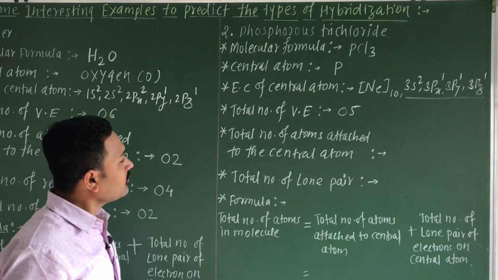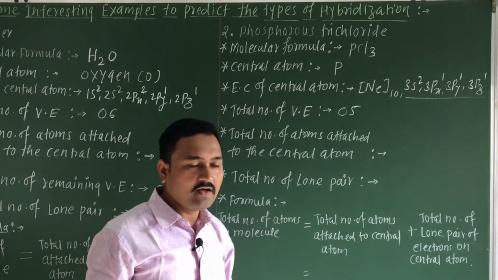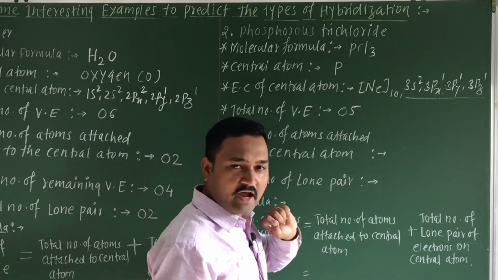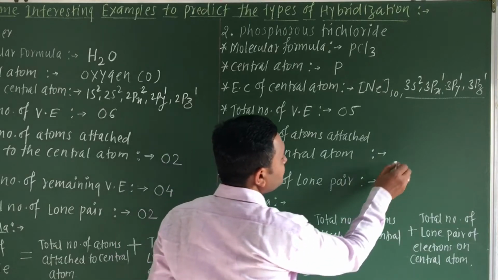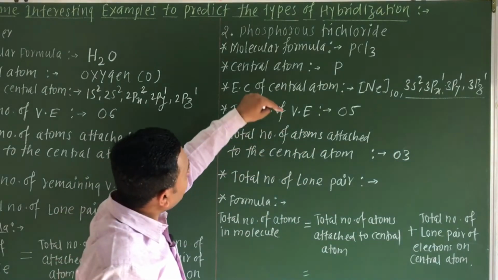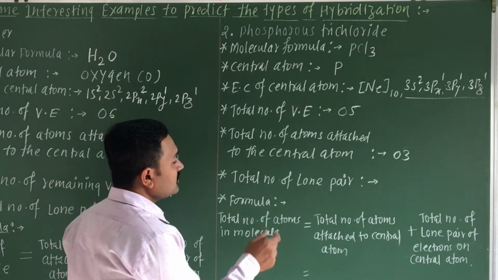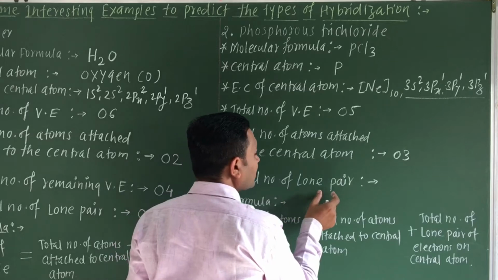Now the total number of atoms attached to the central atom: just observe the molecular formula again. There are 3 chlorine atoms attached to the phosphorus atom, hence the total number of atoms attached is equal to 3. After getting these two values, you have to find the total number of lone pairs of electrons.